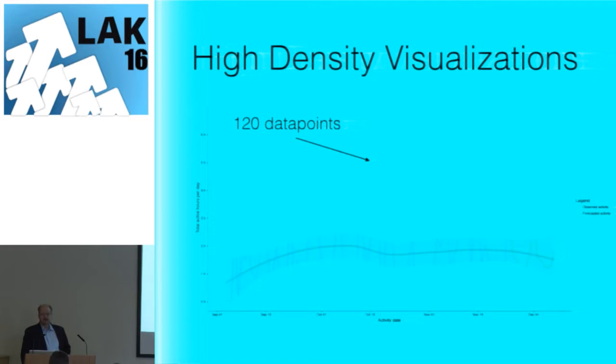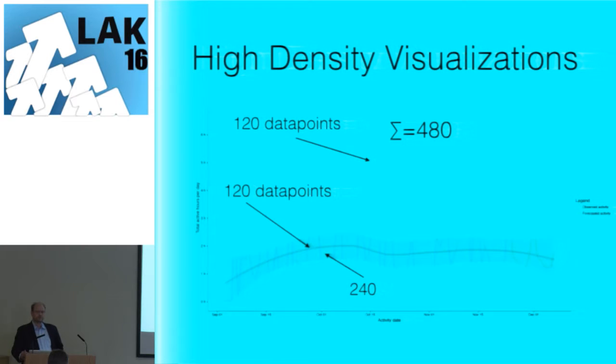There's 120 data points. This is 4 months of activity data. Then we have a smoothed average, and then we have a confidence level. So now we have 480 data points. And we can still spit this out as a table, but now it's iffier if it's actually useful.